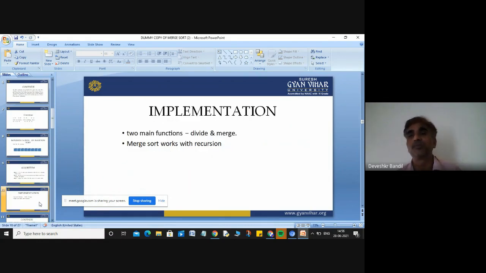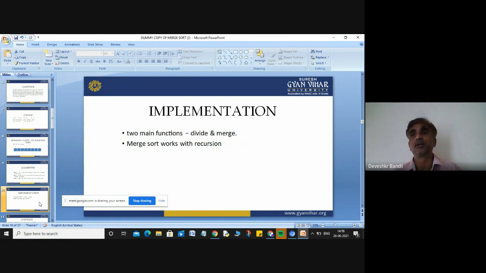implementation of this algorithm. You know, this algorithm is based on divide and conquer. Divide and merge means first of all you will divide and after that you will merge. So first of all you will make a function for the divide and after that you will make a function for merge. Okay, and your merge sort works with recursion.